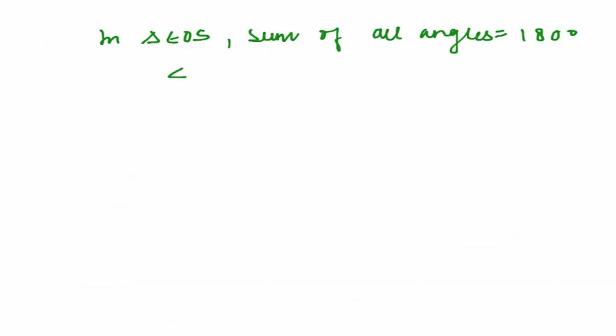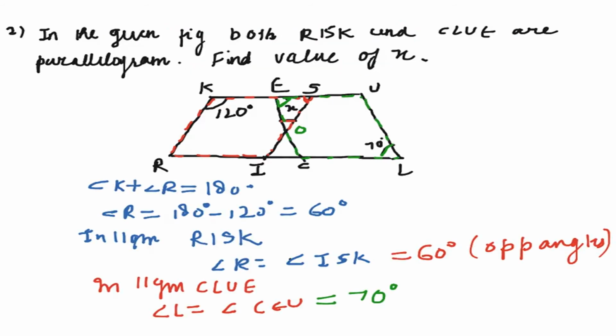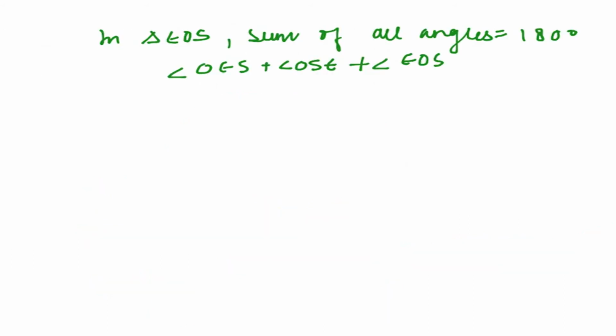Angle OES plus angle OSE plus angle EOS, and the value of angle OES is how much? 70 degrees, and angle OSE is how much? 60 degrees, and we have to find the value of this, that is X, and we can equate it to 180 degrees.